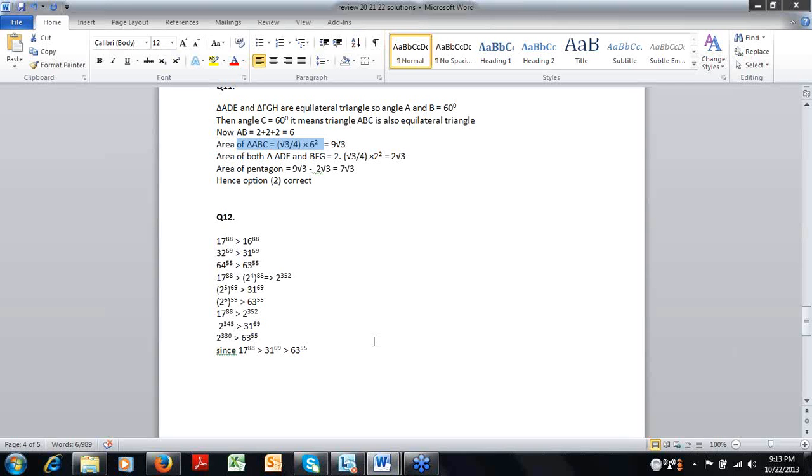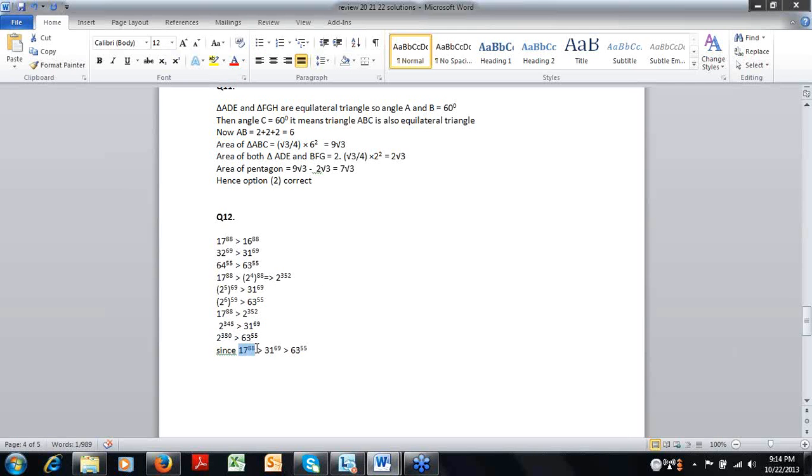Now we are bringing all 3 of them into the power of 2. So similarly, it's 2 to the power 352, then 2 to the power 345, 2 to the power 330.